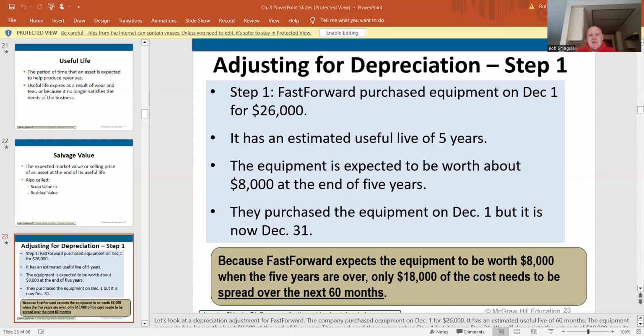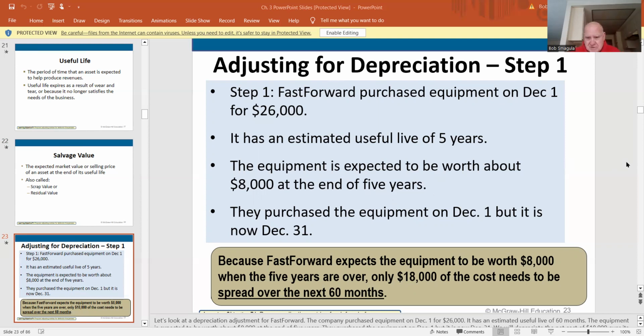So let's see what we got going here. Adjusting for depreciation. Step one, they bought equipment for $26,000. Estimated useful life of 5 years. The salvage value is $8,000. The equipment is expected to be worth about $8,000 at the end of 5 years. So now they bought the machine December 1st. It's the end of the month. We have to record the adjusting journal entry.